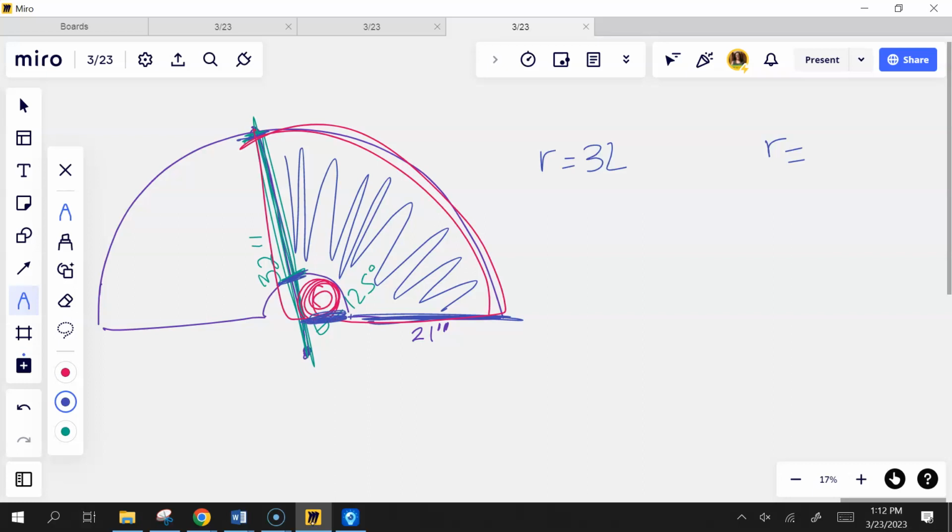Well, just that little piece is 32 minus 21, which is 11. 11 is going to give you this pink area. 32 is going to give you the green area. To find the blue, I'm going to have to do green minus pink. I got to take that hole out of the middle.